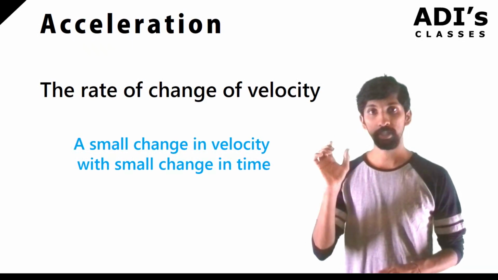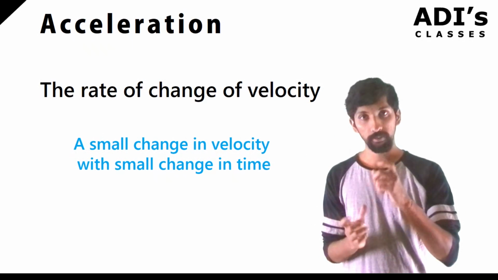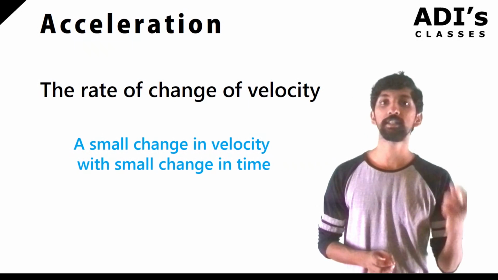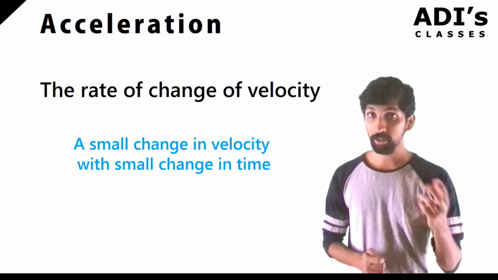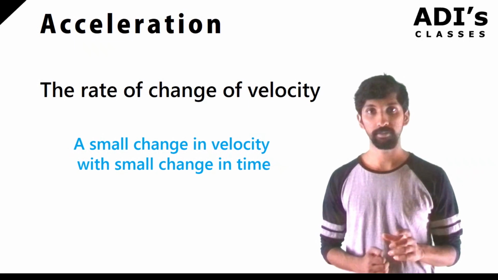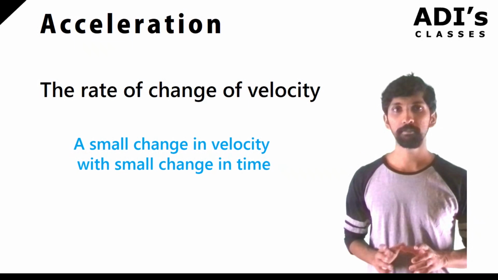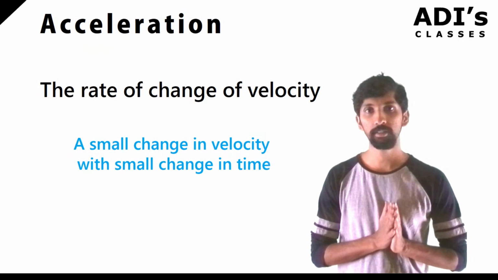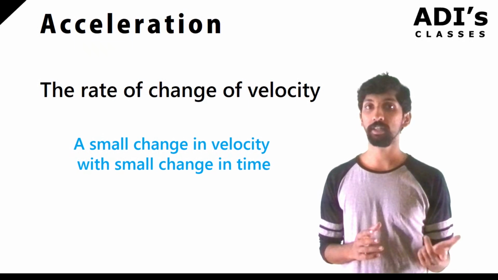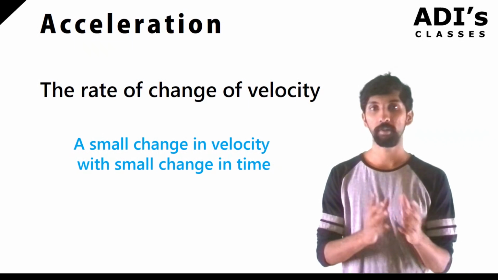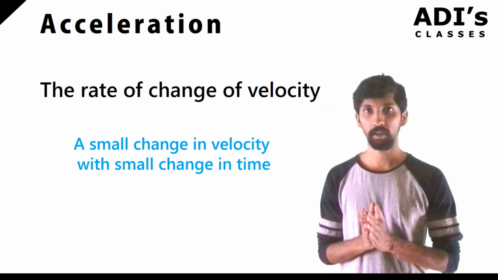So for a very small change in velocity and with respect to a very small change in time, this ratio is what we call acceleration. Okay, now very simple method to find out acceleration is, when we say rate of change, meaning final value minus the initial value, correct?